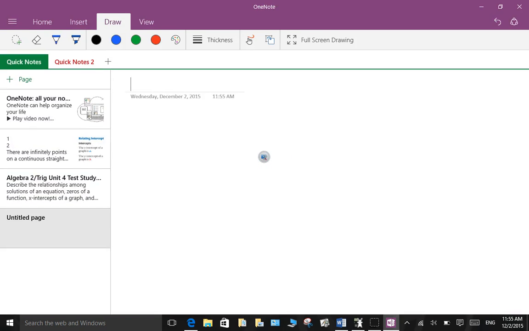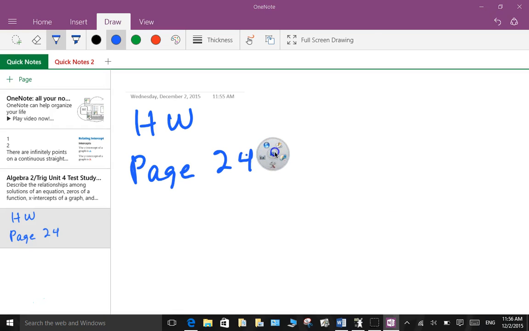One note. The homework, because I think that was about all we needed. Page 247.